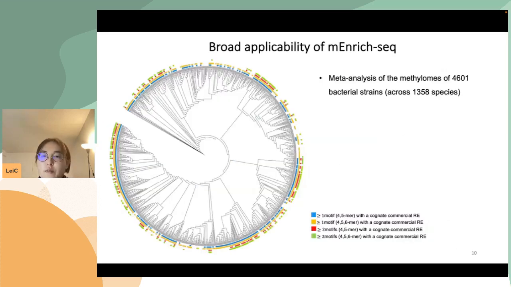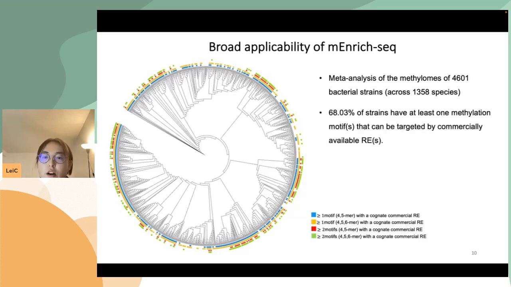So at this point, people will always ask, is that all the bacteria you can target, or how many more can we target by using mEnrich-seq? So we did a meta-analysis of the methylomes of over 4,000 bacterial strains, and over 60% of these strains have at least one methylation motif that can be targeted by mEnrich-seq when coupled with a commercially available RE.